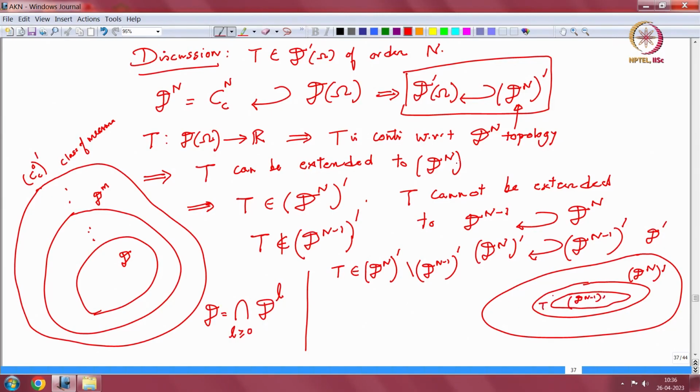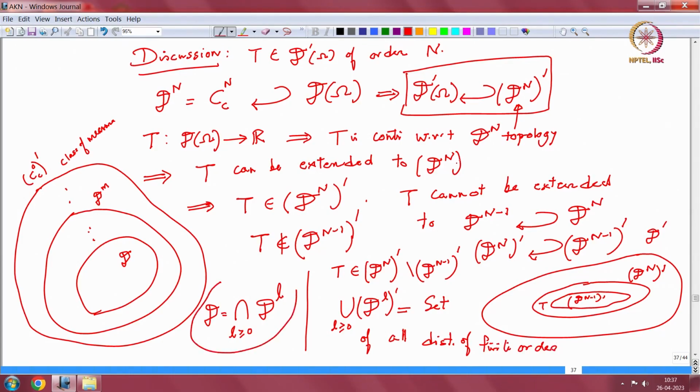So if you take the union of D^l prime over l, that will give you the set of all distributions of finite order. In view of this, all the D^n are decreasing to D, and then your D^0 prime, D^1 prime are all increasing.